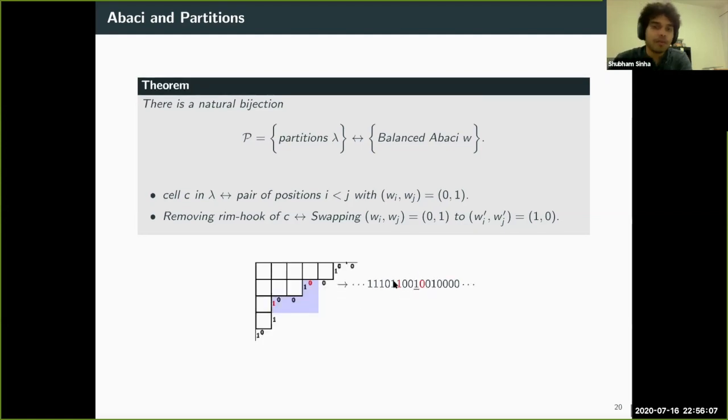And swapping this 0 and 1 is precisely the process of removing the T rim hook. You can show that the things in the middle or on both sides do not change when you remove the T rim hook. The only thing which changes is the swap. It's basically pushing the 1 from this position 4 steps to its left.